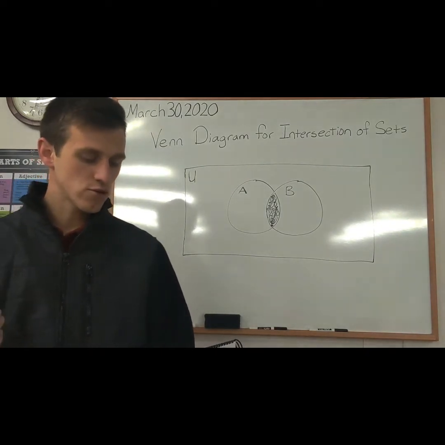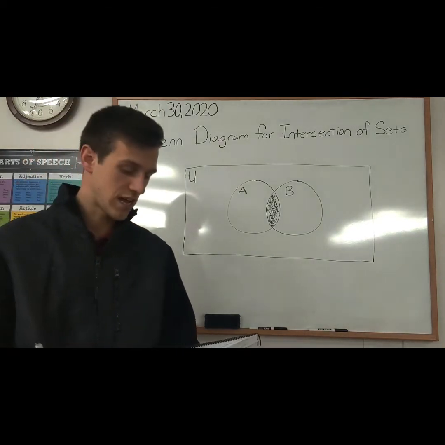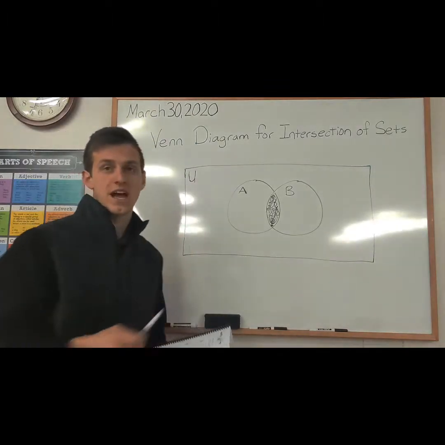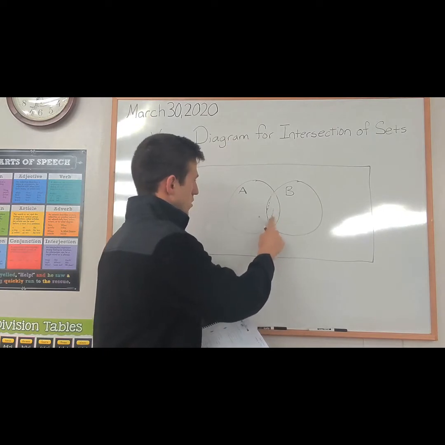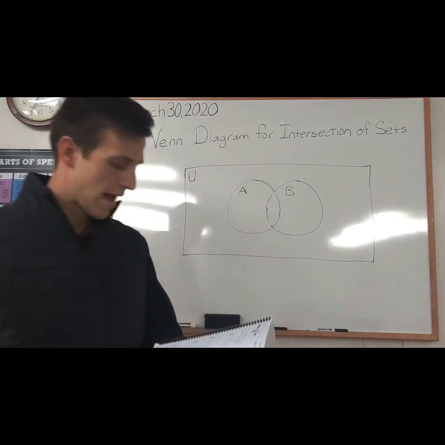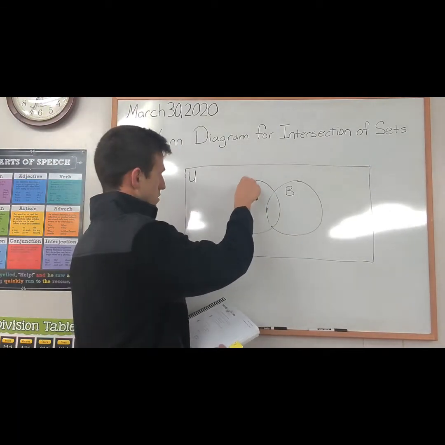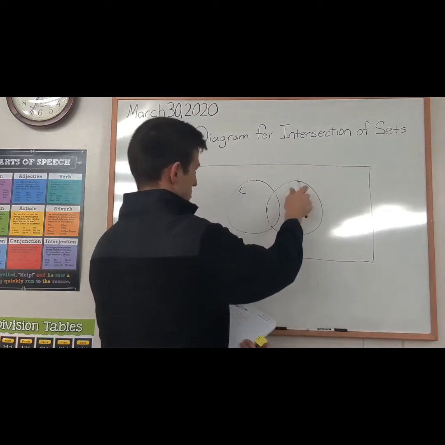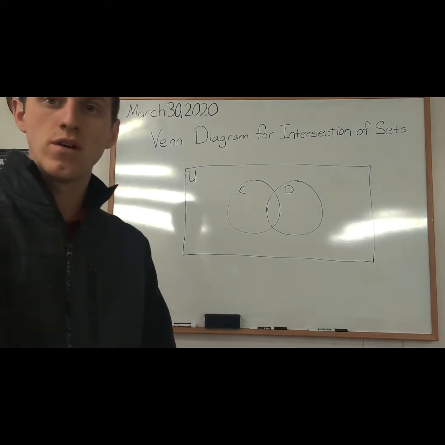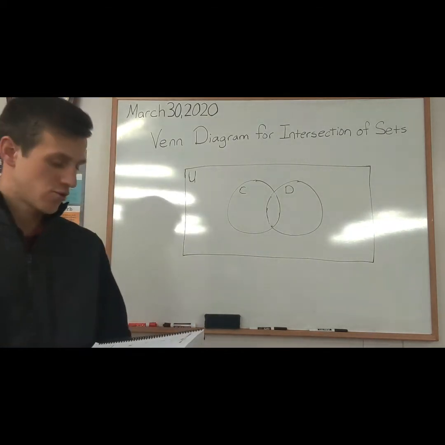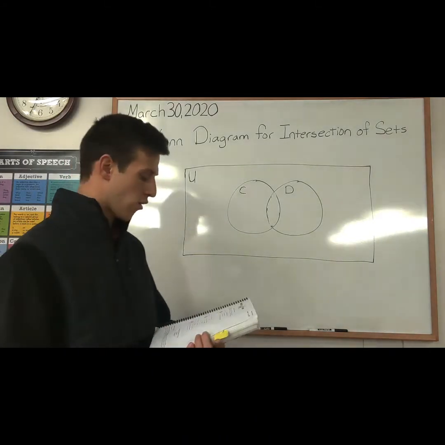Moving on to the next one, the intersection of two sets of factors is our common factors between our sets. So if our universal set stands for all of our numbers, I'm going to actually just quickly erase this, all the numbers, and our subset C, which is right here, and then we have subset D. If subset C are the factors of 12, which would be our numbers we can take times each other to equal 12, we would have 1, 2, 3, 4, 6, and 12, all right?